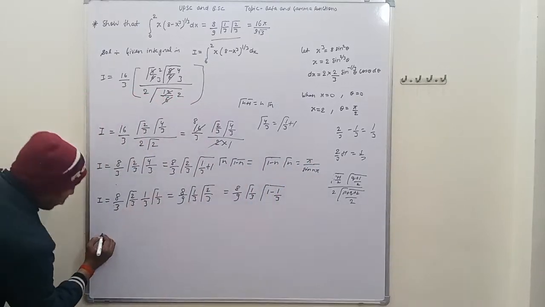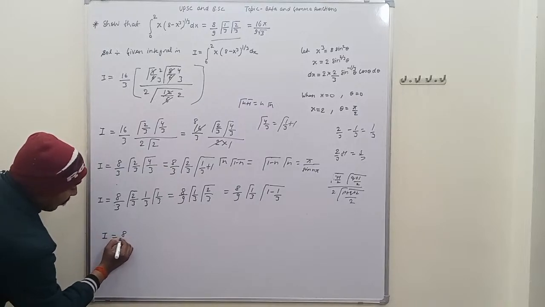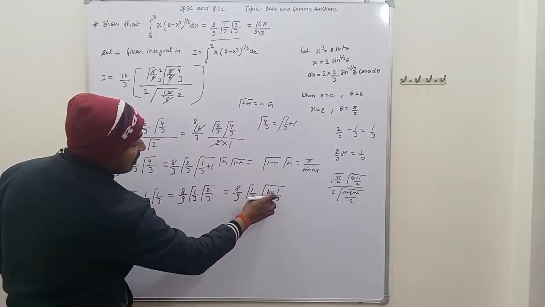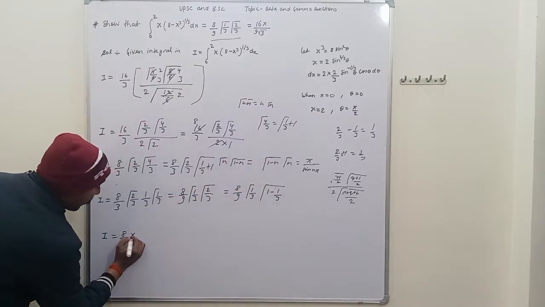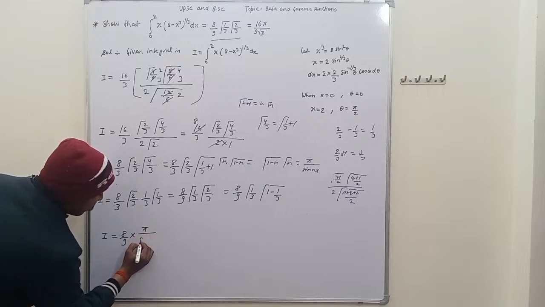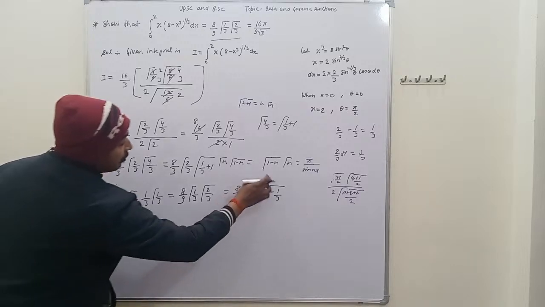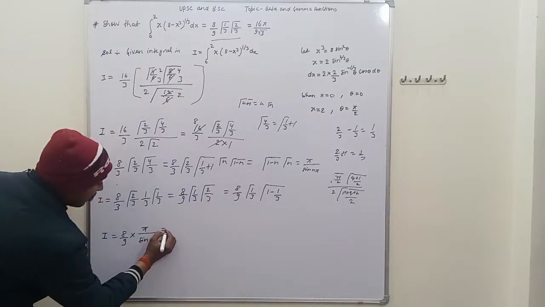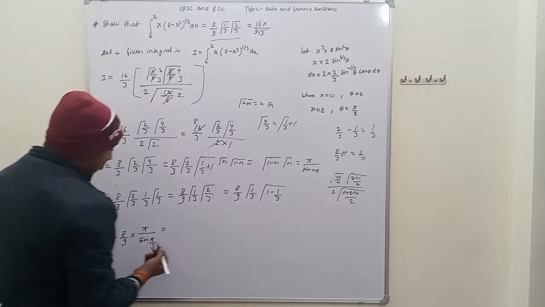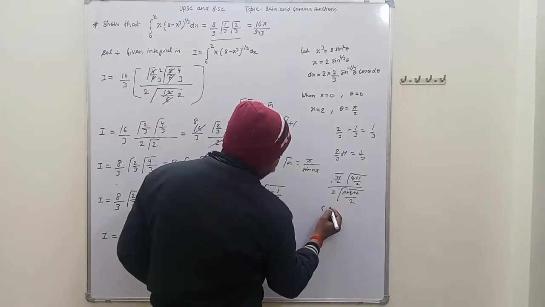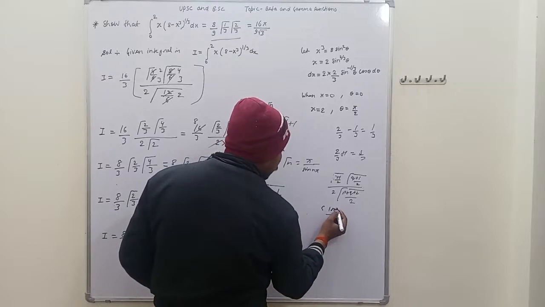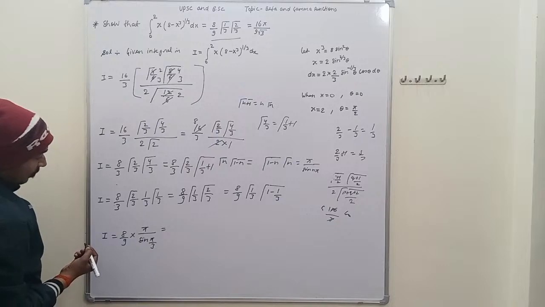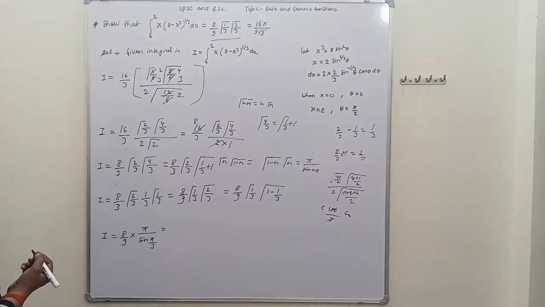So we have to write here, this is integral 8 upon 9, and in place of gamma 1 by 3 and gamma 1 minus 1 by 3 is written as pi upon sine. In place of n we have to write here 1 by 3, this is pi by 3, and we know that this is given by sine 60, and sine 60 value is root 3 by 2.